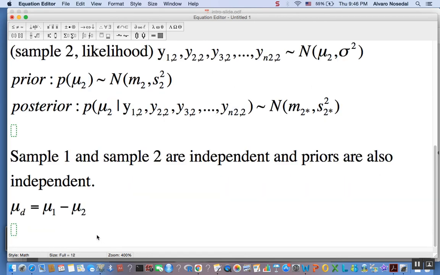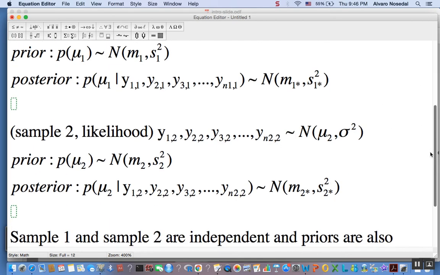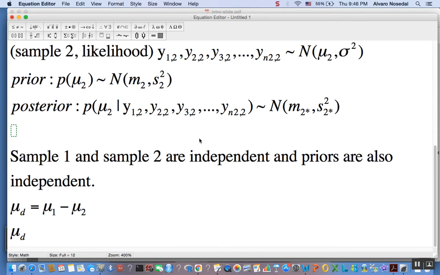Let me say something about notation. After we observe these two samples, sample 1 and sample 2, the difference between the two parameters is going to be normal.